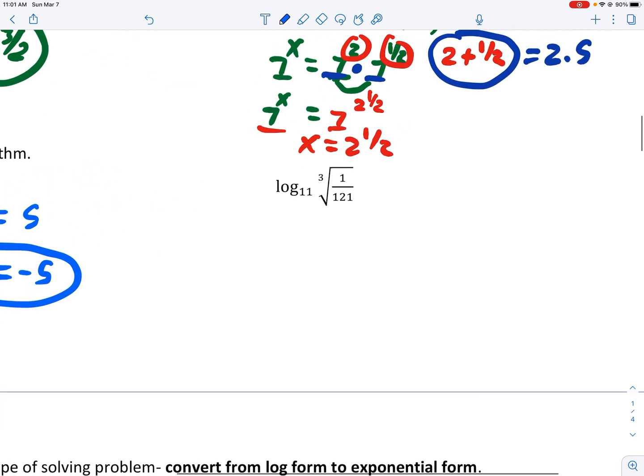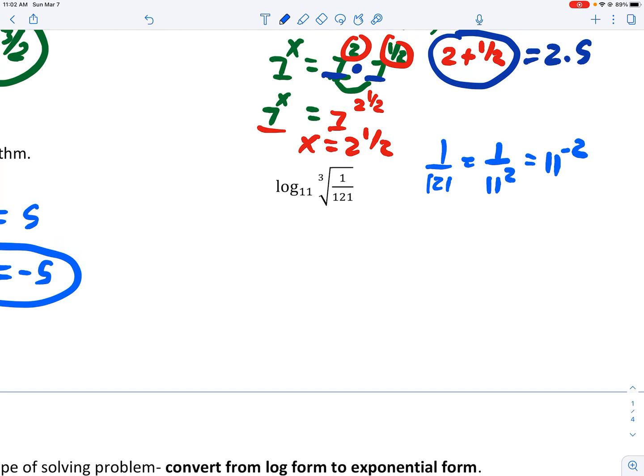Okay. So we have a cube root of 1 over 121. So let's see if we can maybe simplify this a little. So 1 over 121 is 1 over 11 squared, right? 11 squared is 121. And this would be 11 to the negative 2 power.